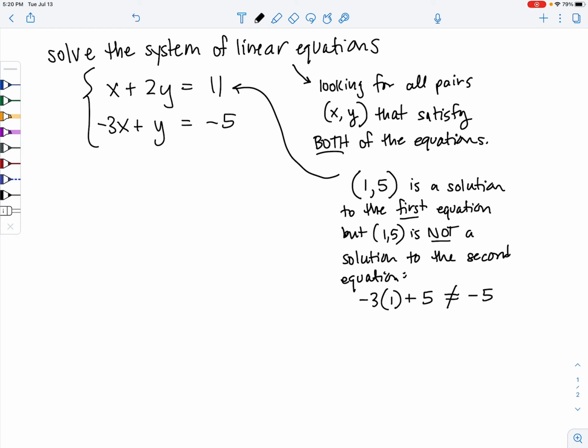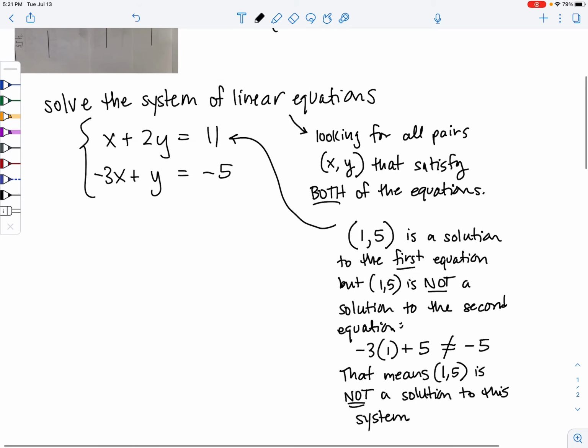So we would say that means 1, 5 is not a solution to the system. So that's just, again, trying to show what we mean by what is a solution and what is not a solution.